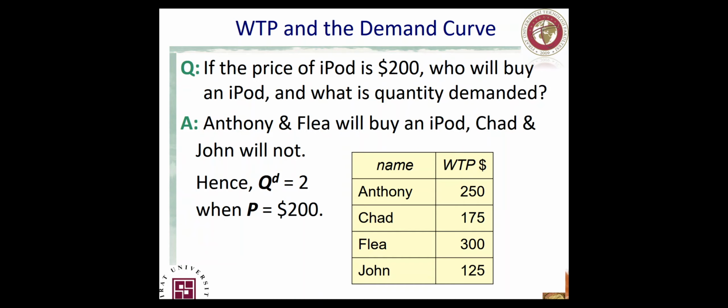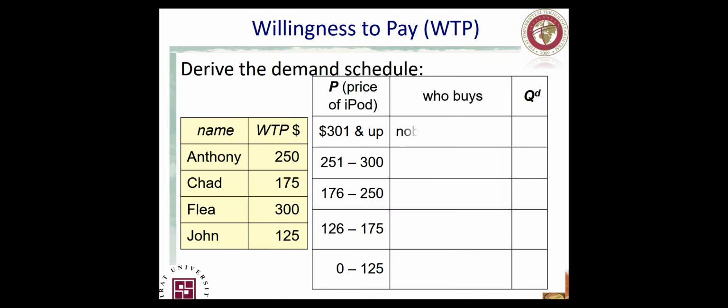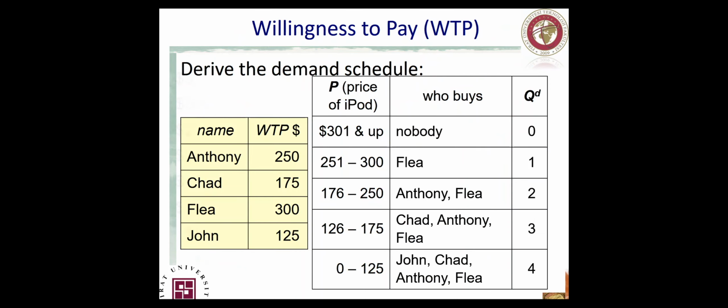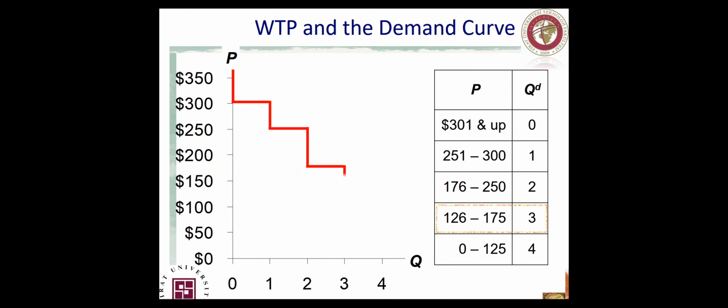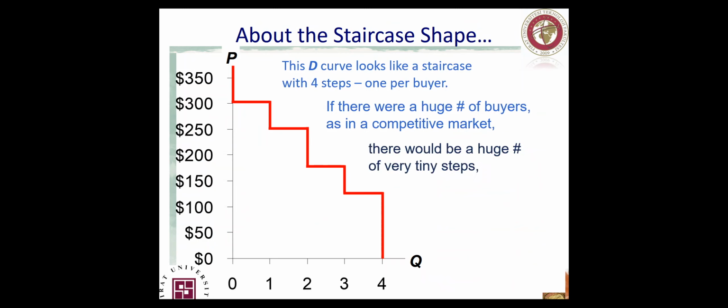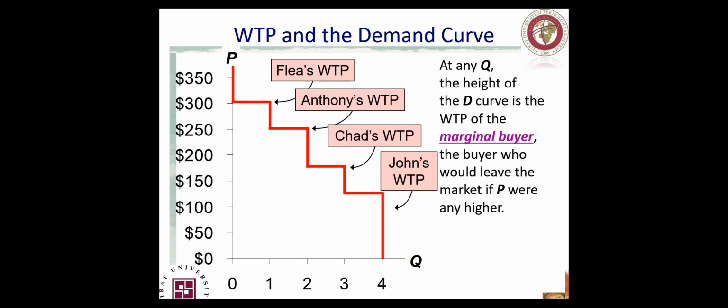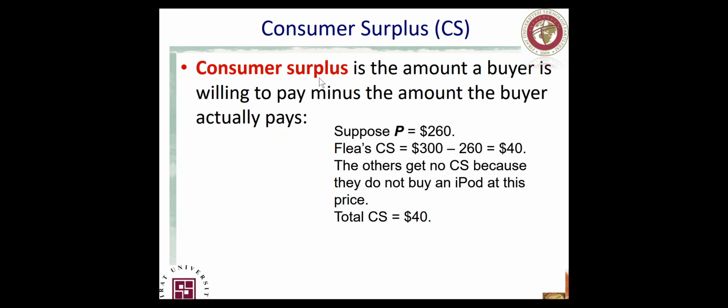You feel happy, like you saved 200 or 300. Well, that's exactly your consumer surplus. Buyers usually benefit from the market based on the consumer surplus, which is the difference between their willingness to pay and the actual price.